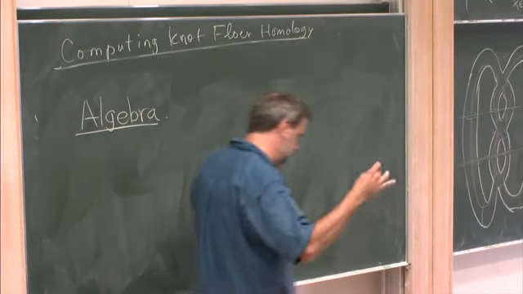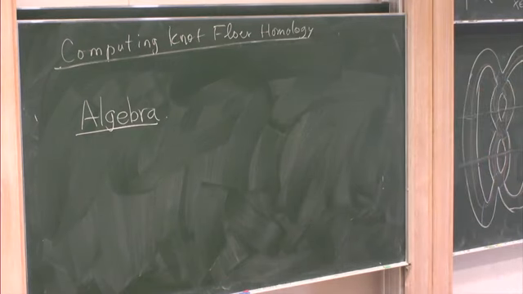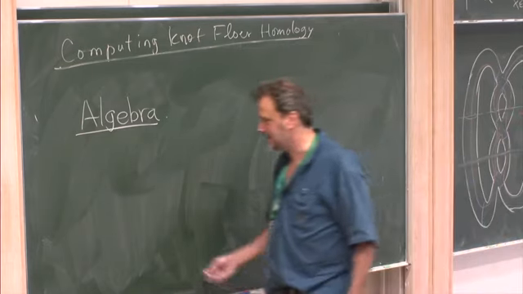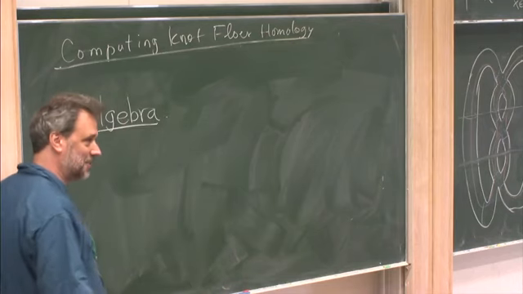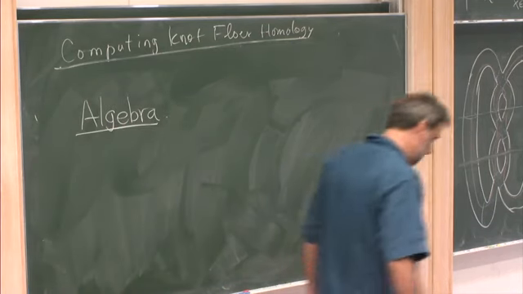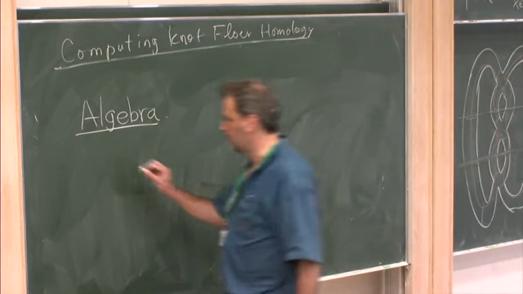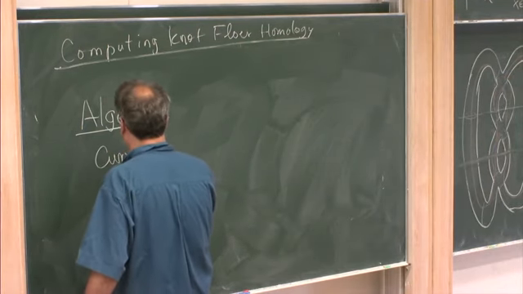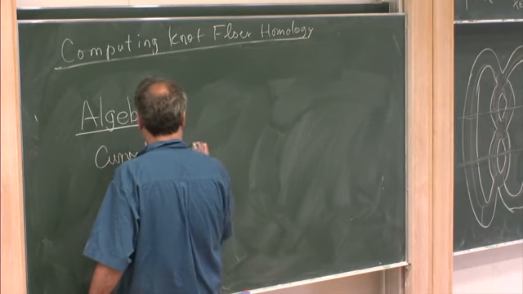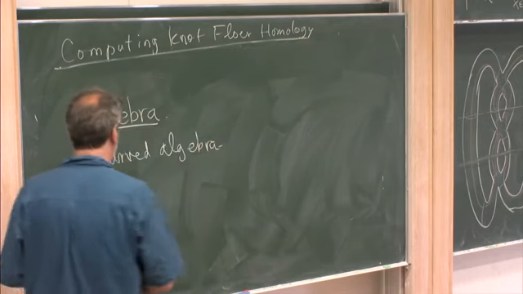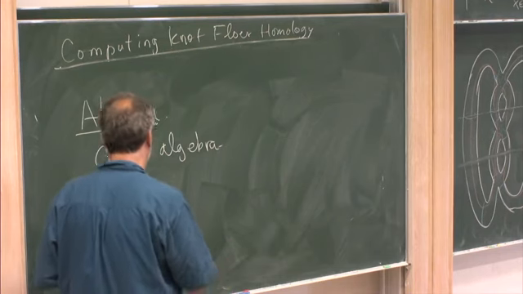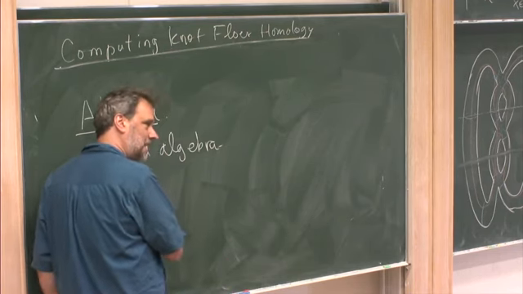And I'm not going to define an algebra. I'm going to define an algebraic structure which is completely well known to the symplectic geometers. So I apologize. But the algebraic structure that I'd like to describe is, we're going to work with a curved algebra. So really, I should say this is a DG algebra. What's a DG algebra?